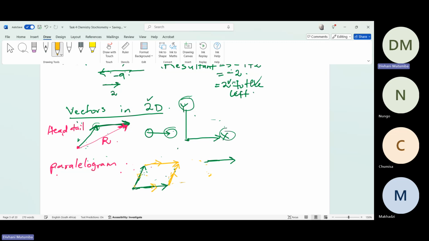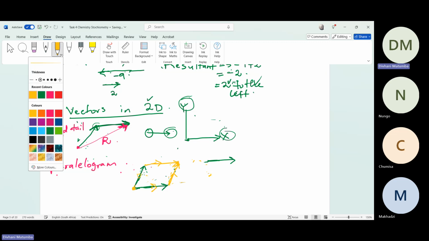So using the parallelogram method, if you join the two ends, the tail connection and the head connection of the vectors you have produced, let me change the color.